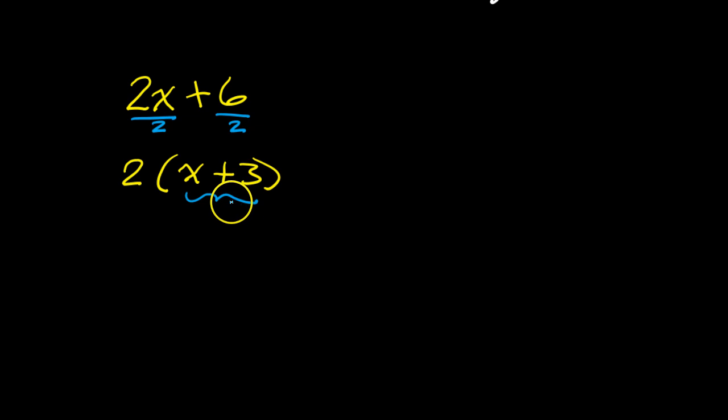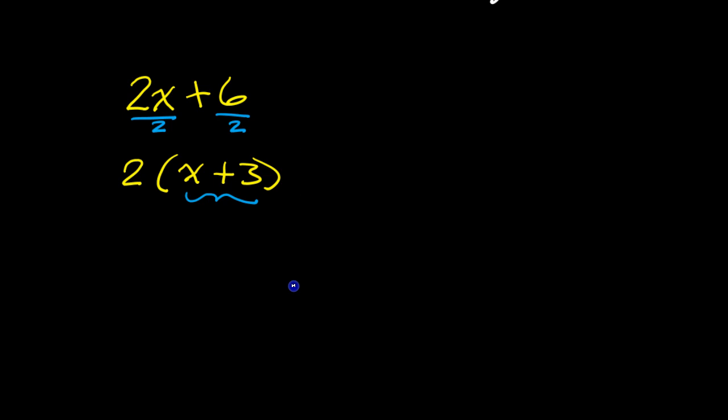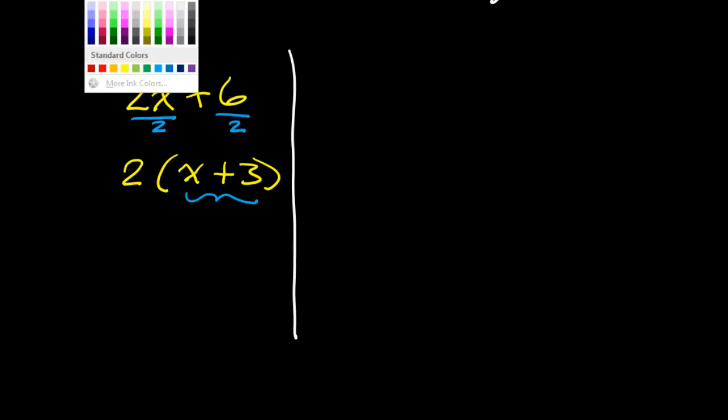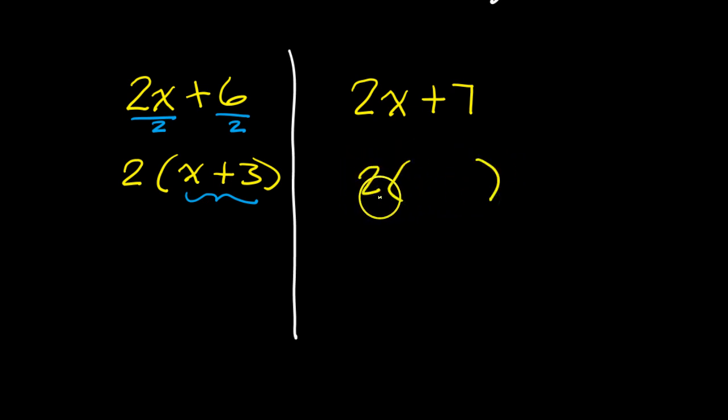Now, thinking of it that way will help me understand what to do if I wind up with numbers that are not so obvious. So imagine that instead of 2x plus 6, what if I had, let's say, 2x plus 7? But let's say for some reason I still really wanted to pull that 2 outside of the parentheses.